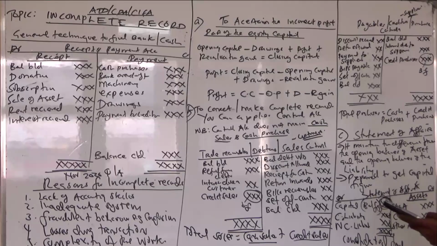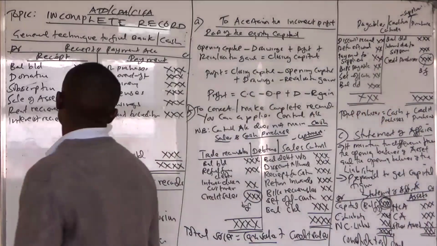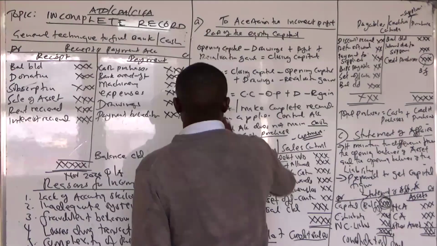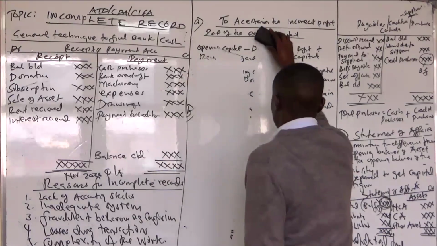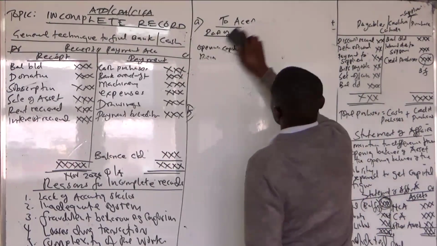You can do December, is it December? August 2021, question 2. Can I rub? It started at 5. August 2021, question 2.